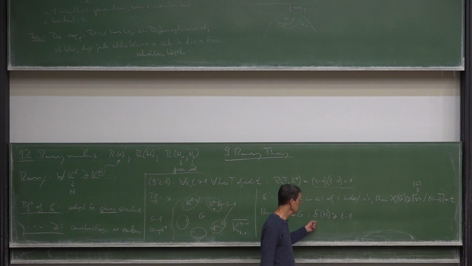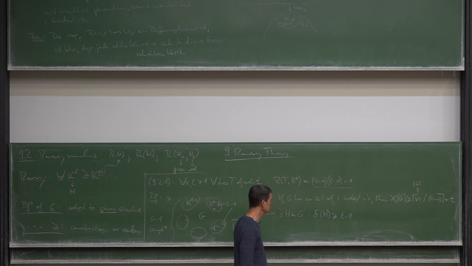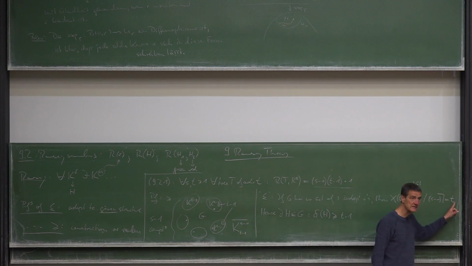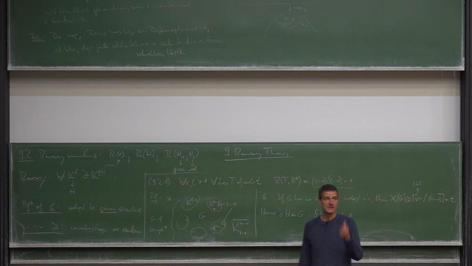The min degree of H must be at least t minus 1, because if it had a vertex of degree t minus 2, we could delete that vertex, use criticality to deduce that after deleting that vertex, we can color with t minus 1 colors, and then put the vertex back.